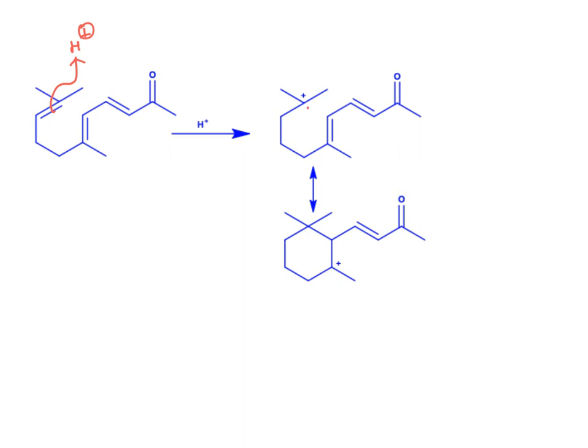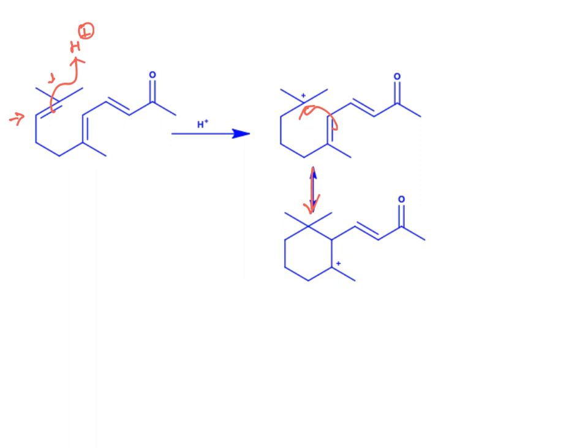There are two possibilities, the carbocation can form here or here, but once it forms here, it is a tertiary carbocation, which is more stable. After forming this more stable carbocation, the cyclization reaction takes place in this fashion, and it is converted into another carbocation, which is also a tertiary carbocation.